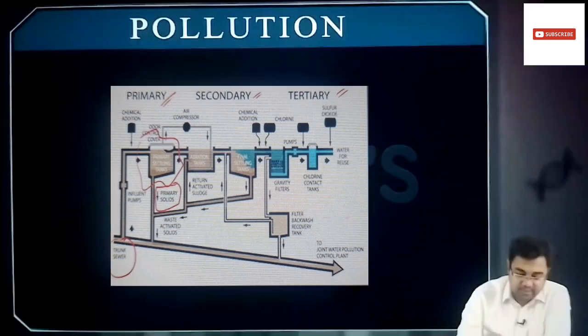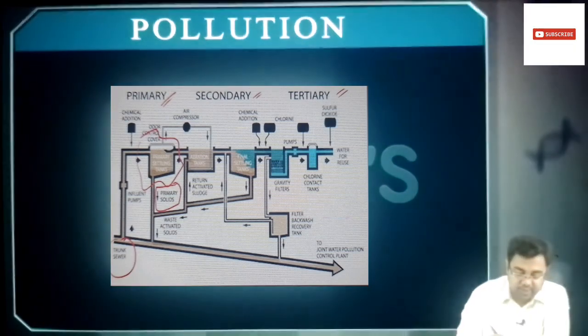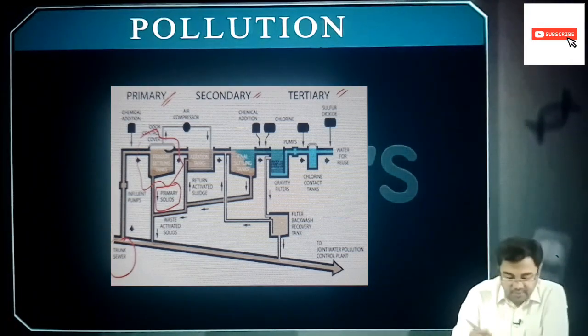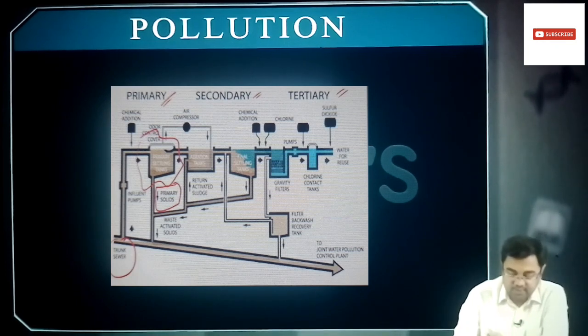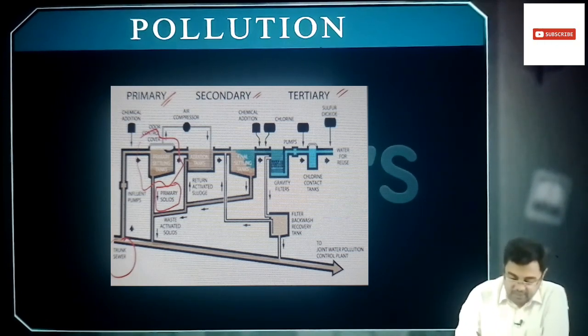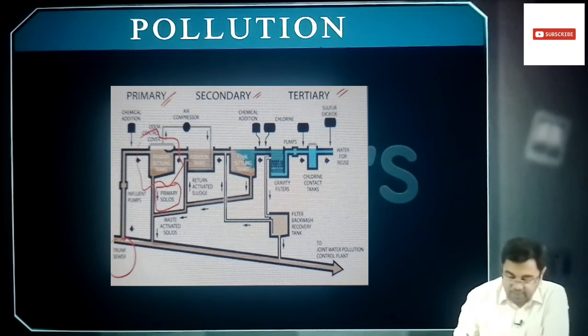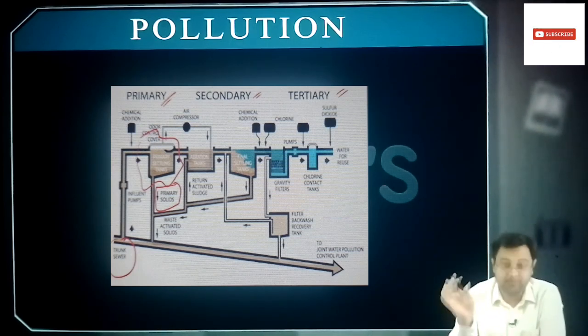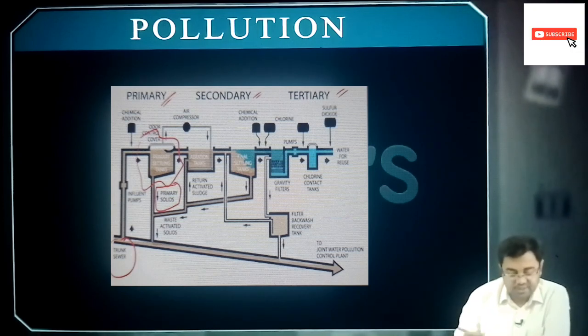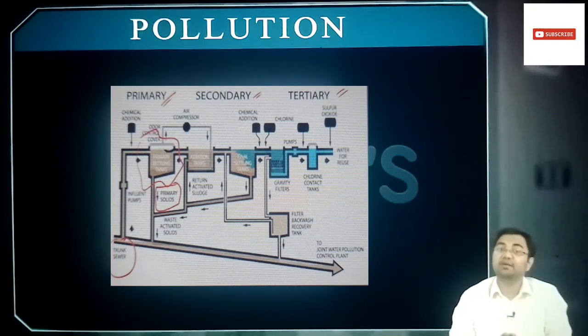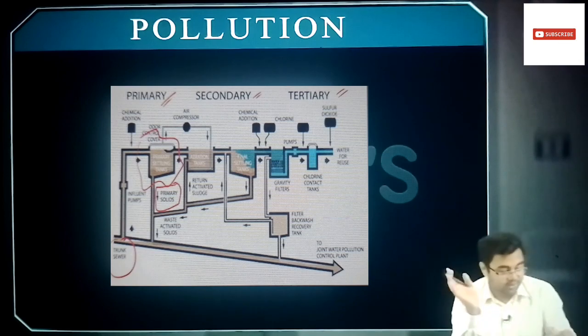Then here comes the secondary part, and as you see, you have the air compressor here. From here it will move on to the tertiary part, and that's why there is the addition of chlorine, as we talked about. And then finally you have water which is ready for reuse. So this is how the entire process of primary, secondary and tertiary treatment happens.